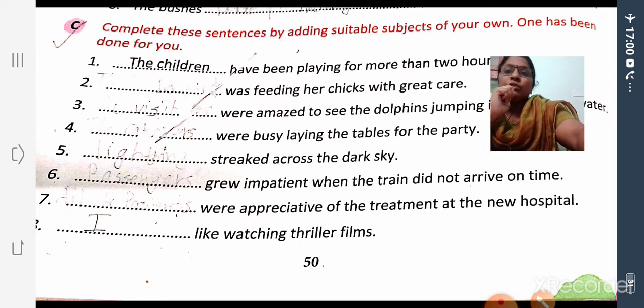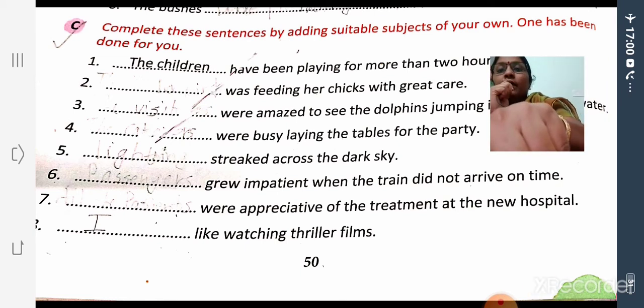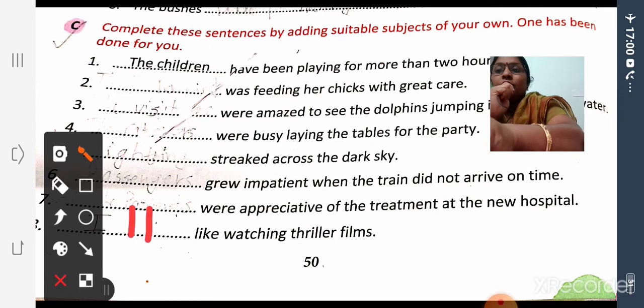I like watching thriller films. We cannot write he or she here, because the do form came. So along with I only we can, otherwise you have to write a plural subject here.